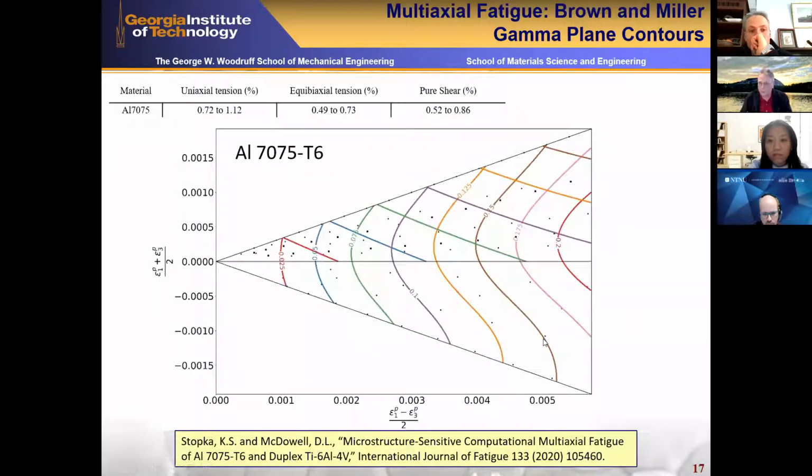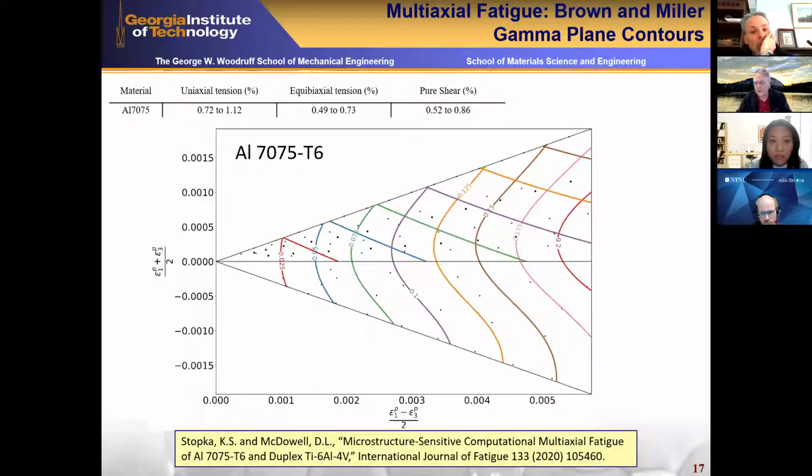Well, we compute for 7075-T6 the fatigue indicator parameters for different crystallographic textures. This is an equiaxed case for a given structure. And we do this over a range of loading conditions: pure shear, equibiaxial tension, uniaxial tension, and in between. You see all these data points. Then we use a machine learning algorithm, so-called Gaussian regression, to tell us the uncertainty associated with these estimates, and it defines the next point to compute.